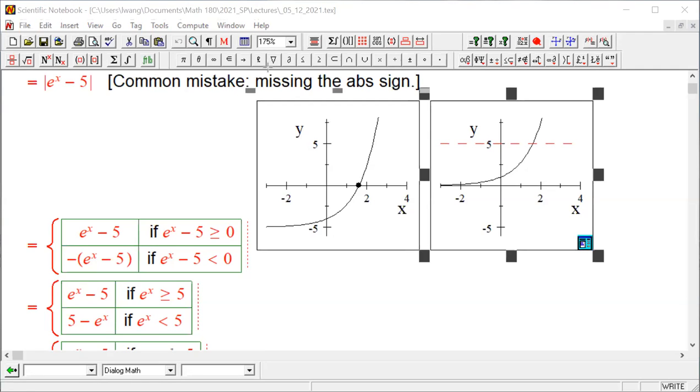Do you guys follow me? This will be positive for e to the power x minus 5, and the other one will be negative. So everything is relative. Do you follow me? Okay, this here is positive, then that's negative.